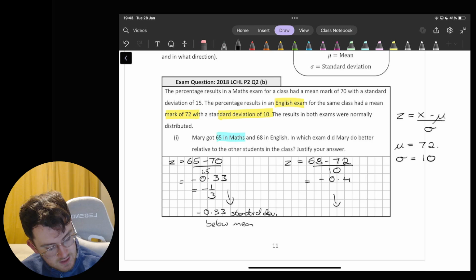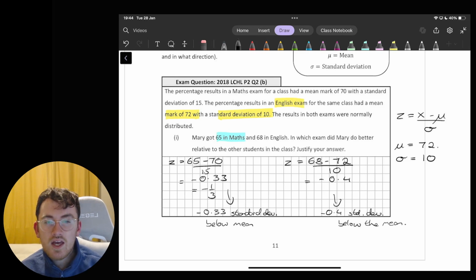Her English result is minus 0.4 standard deviations below the mean. So her specific result in maths, she is minus 0.33 standard deviations below the mean. Okay, and in English, she's minus 0.4 standard deviations below the mean.